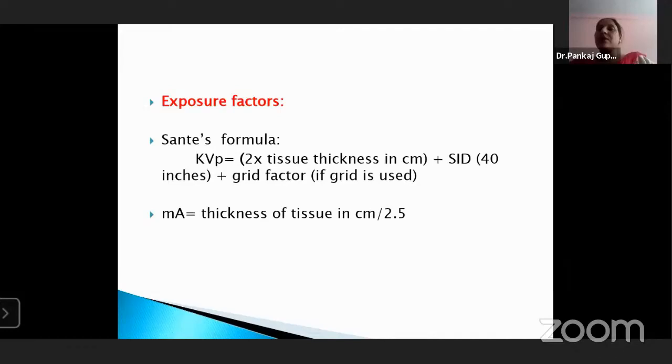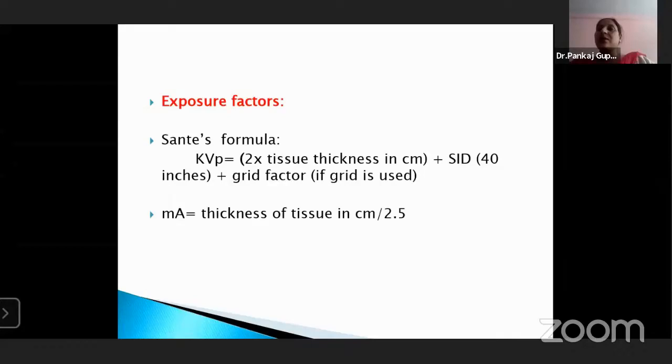The general rule to calculate exposure factor has been given by a scientist, Santes formula, in which we can calculate the KVP, which is 2 times the thickness of tissue to be radiographed plus the SID. SID is the source image distance, or distance from the glass tube to the radiographic film, or you can say FFD.